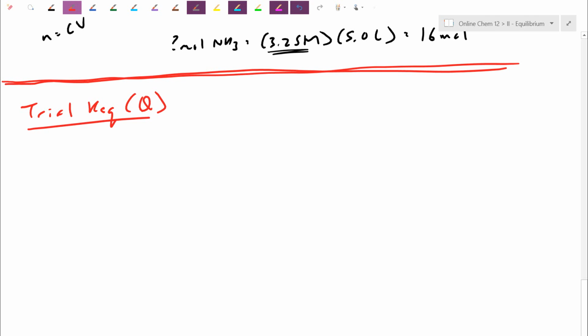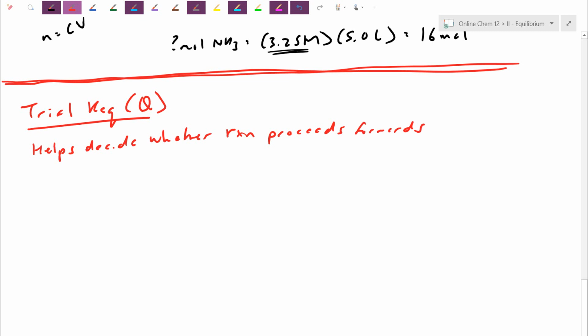And essentially, trial Keq helps decide whether the reaction proceeds forwards, so as reactants become products, or backwards, to reach equilibrium. You could refer to that as a shift. You can say, oh, it shifts towards the right or shifts towards the left, but usually we reserve that terminology for when we're poking at the equilibrium. I do this, and then equilibrium wants to respond. So in this case here, I'm just using the terminology.